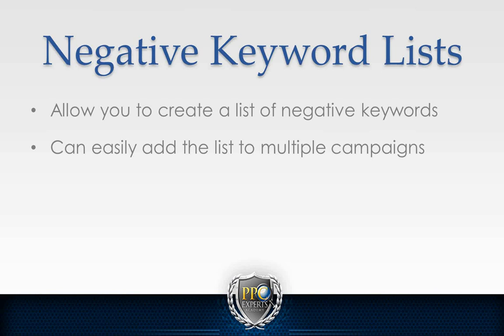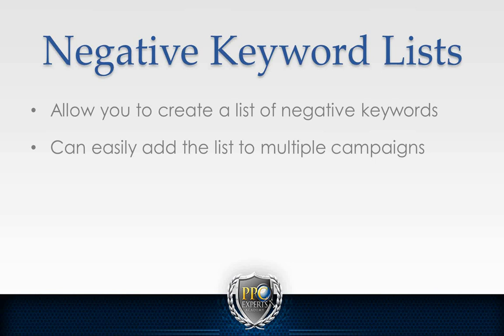So for example, for this auto dealer, I had an account for brand new cars. What I did is I created a list of all the old years. I basically went 2010, 2009, 2008, 2007, 2006, 2005, and I created this big keyword list.